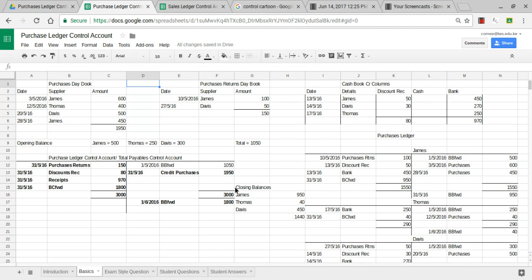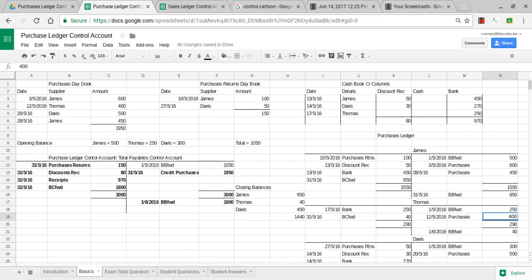So there's an anomaly there, and what that's proving is that we must have made an error somewhere in the purchases ledger in one of the supplier's accounts. Now, as I told you earlier, I do know where the error is because I've done it deliberately, but we had a purchase of $400 from Thomas, and we've only recorded it as $40.